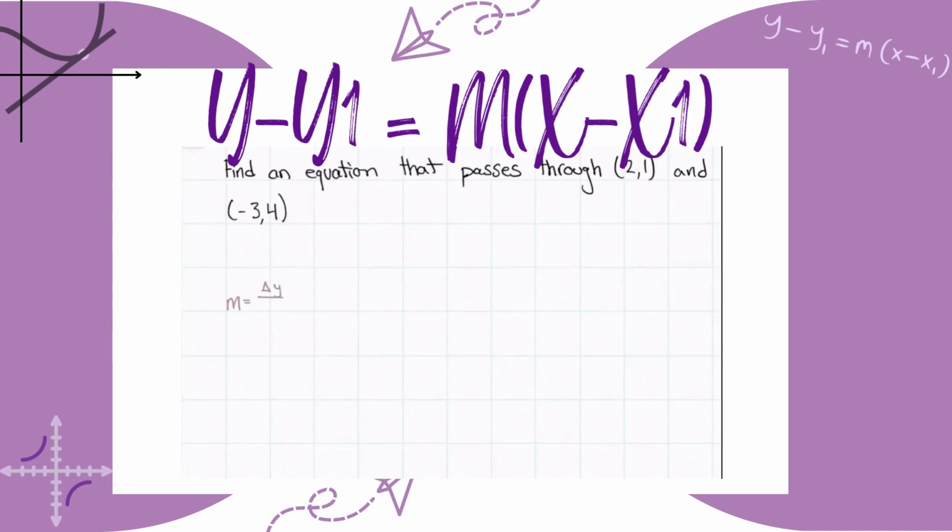So that would be 1 over 2 minus -3, 3 over 5, the slope is 3 over 5. Careful with your signs.